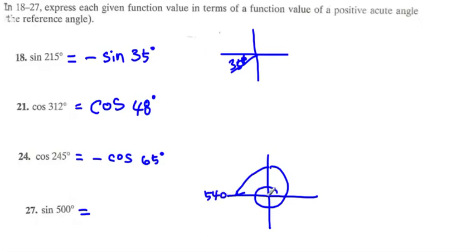But we are going up to 500, then that means it's going to be somewhere up to here. In other words, 40-degree difference to the x-axis. So therefore, we'll end up getting sine of 40 degrees. But what is the sine ratio in the second quadrant? It is positive, so we can just leave this one as it is.